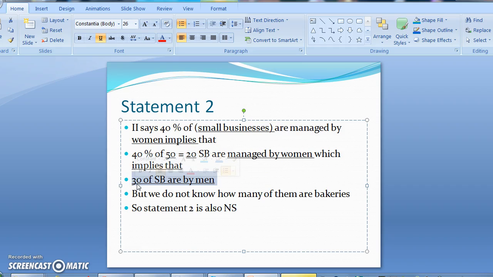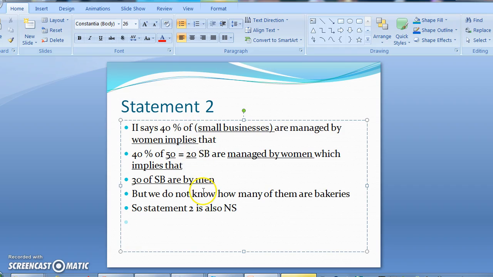Excellent. Does that help us answer our question? The question is whether at least 5 bakeries are managed by men. Here we get this information, but we do not get the required information on how many of the bakeries are managed by men. Therefore, this statement alone is also not sufficient.